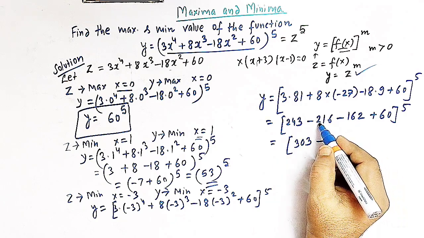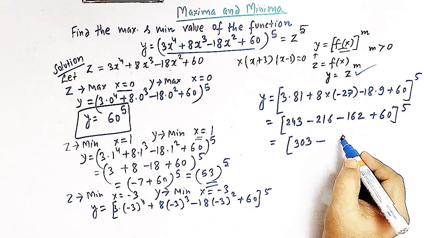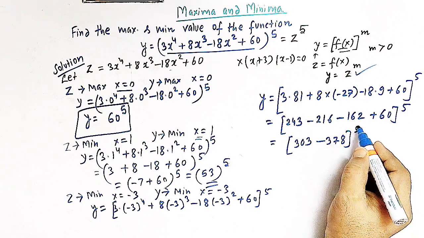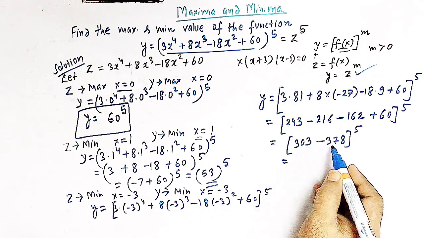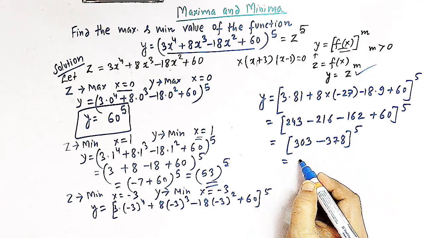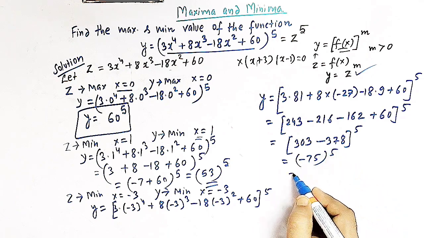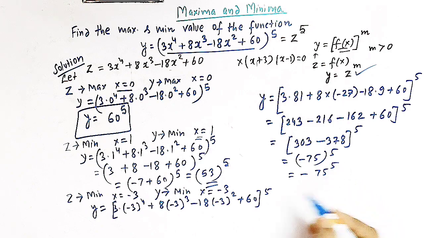And here -216 minus 162 is -378, and this is raised to 5, right? So 303 minus 378 is -75 raised to 5. So this is (-75) raised to 5, right?